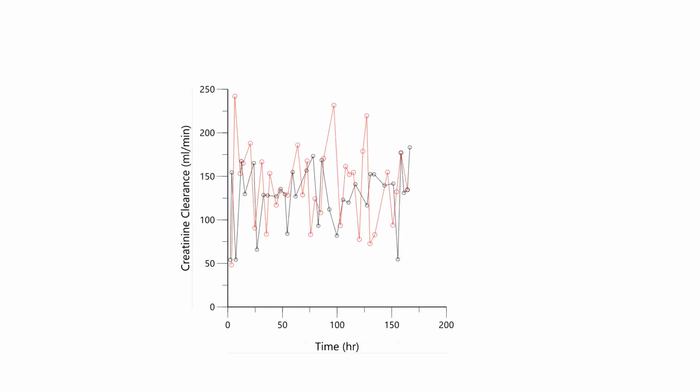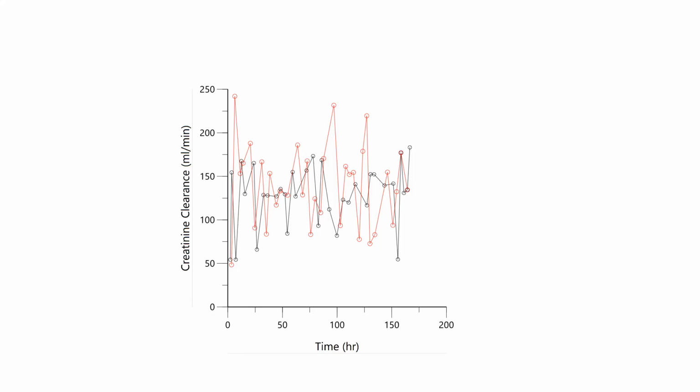One of the potential causes for this is that the creatinine clearance may not be absolutely stable, and we wanted to look at that. Now, I will caveat this with saying that even though multiple measures of urine creatinine concentration were made in this study, not a single plasma creatinine concentration was determined.